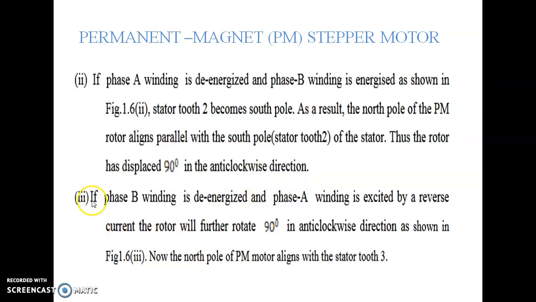Now, if phase B winding is again de-energized and phase A winding is now excited by a reverse current, the rotor will further rotate 90 degree in anti-clockwise direction as shown in figure 3, and now the north pole of the permanent magnet rotor aligns with the stator tooth 3.